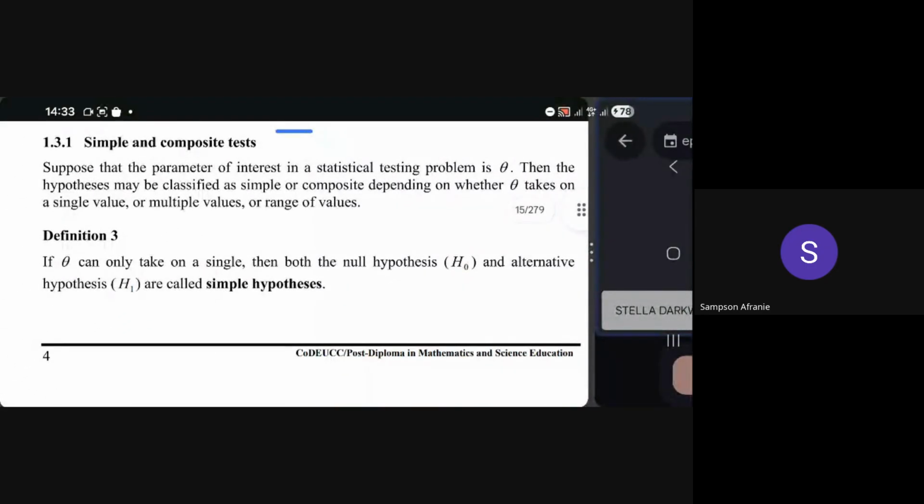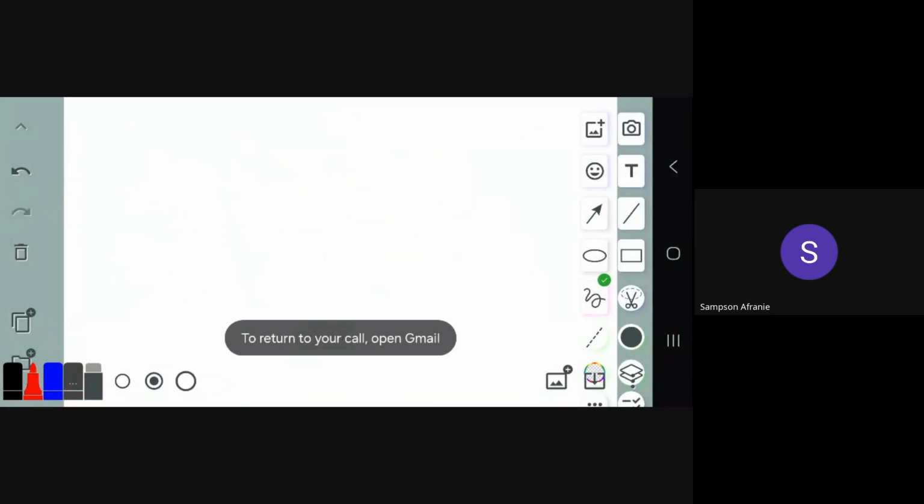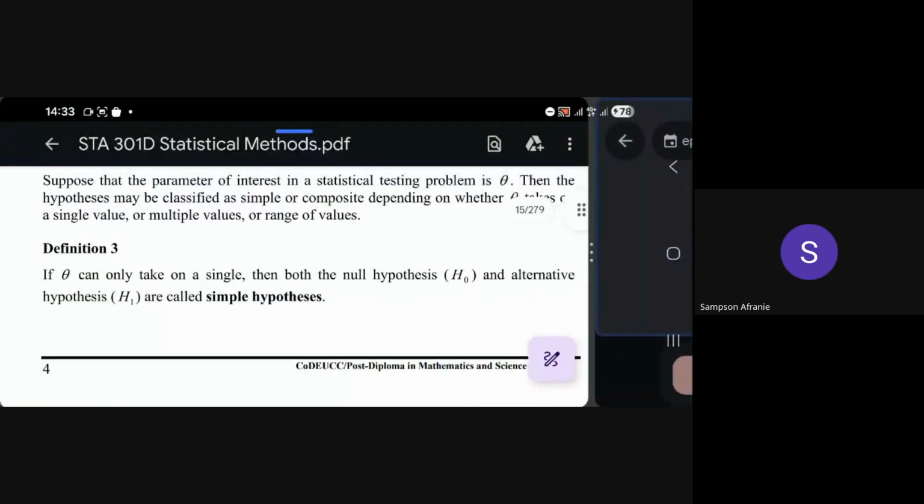Now let's look at a simple test. Suppose that the parameter of interest in a statistical test problem is X, which I am using to represent a test item that I want to test.